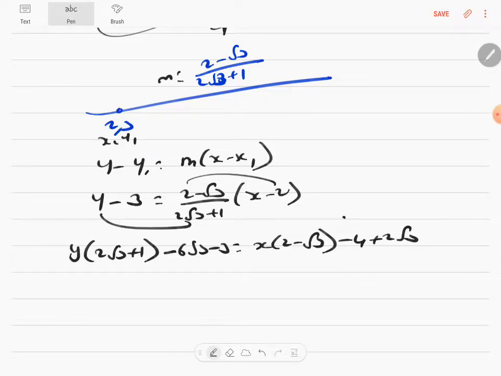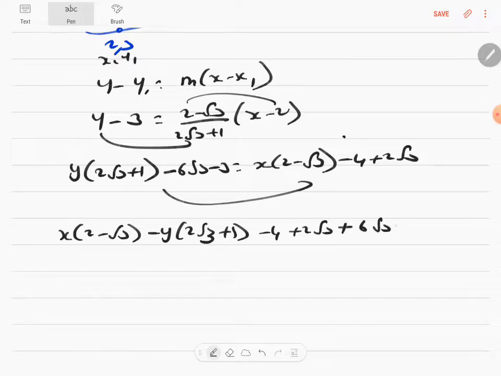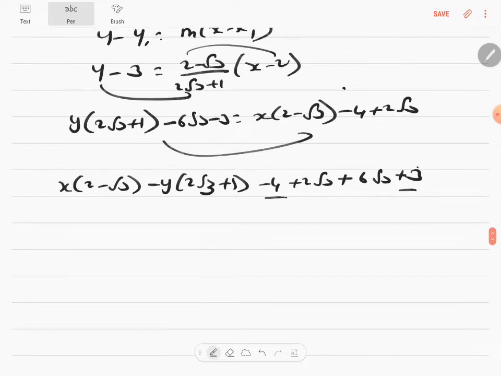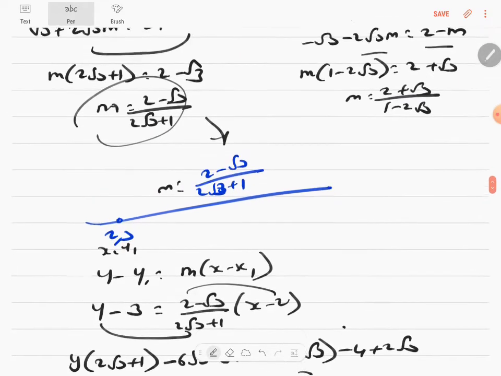Then consolidating everything to the right side, x(2 - root 3) - y(2 root 3 + 1) - 4 + 2 root 3 + 6 root 3 + 3. Minus 4 plus 3 itself is minus 1, and this itself is plus 8 root 3, and so x(2 - root 3) - y(2 root 3 + 1) + (8 root 3 - 1) = 0 is the equation of this line. I hope you understood.